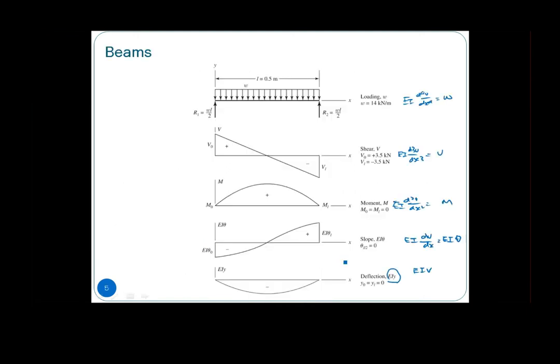If you have external transverse loads, they create shear and moments. From there, we can determine our deflections as well as the slope. This is how they are related.